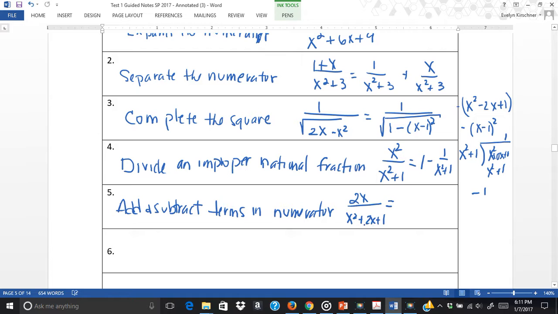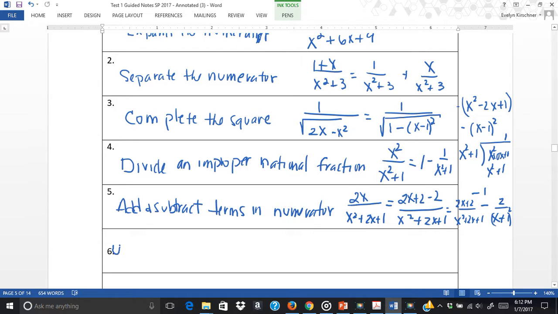Well, the derivative of the denominator is 2x plus 2, so what if I have (2x plus 2 minus 2) over (x squared plus 2x plus 1)? Then I can rewrite it as (2x plus 2) over (x squared plus 2x plus 1) minus 2 over (x squared plus 2x plus 1), and we know that the denominator is the same as (x plus 1) squared, and I could probably use substitution for both of them in this case.